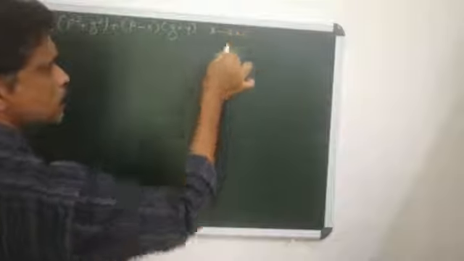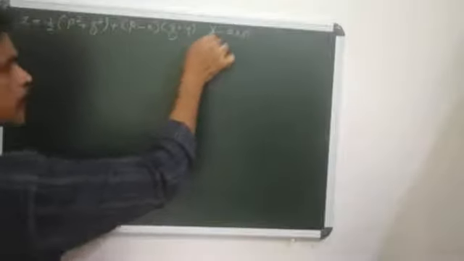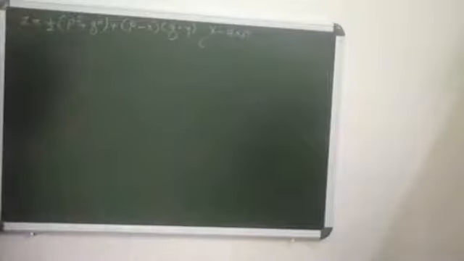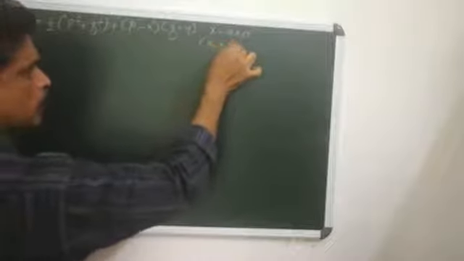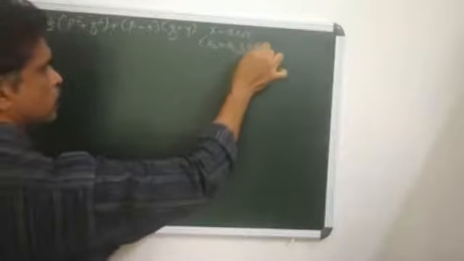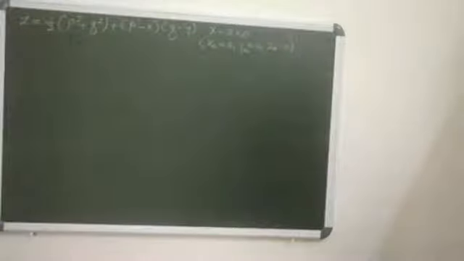Passes through the x-axis means we have the initial data curve: x_0 equals s, y_0 equals 0 and z_0 equals 0. Why? Because it is passing through the x-axis. So this is the initial data curve.